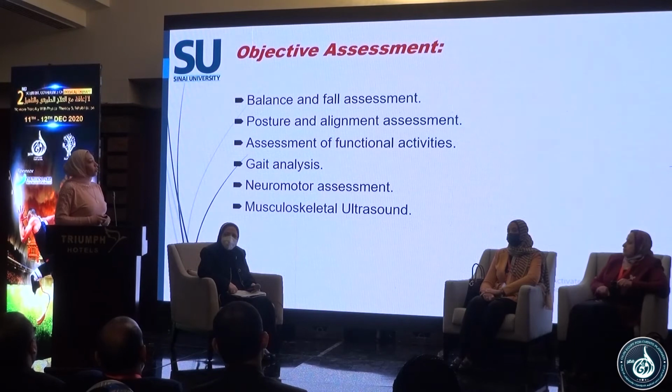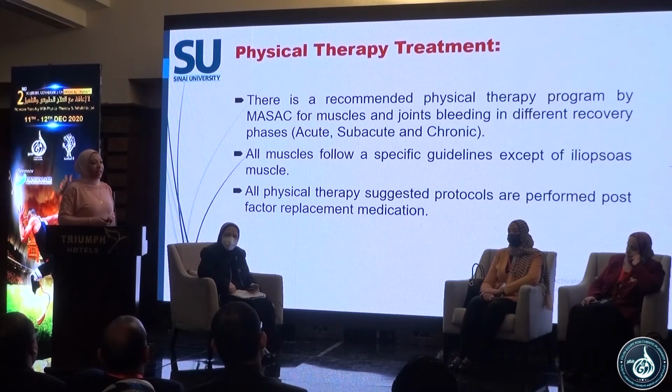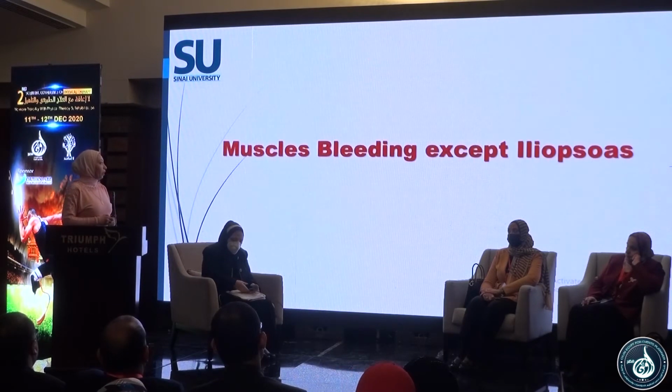The objective assessments include balance and fall assessment, postural alignment, assessment of functional activities, gait analysis, neuromotor assessment, and musculoskeletal ultrasound. It's recommended that each stage that the joint or the muscle is in, whether it's acute, subacute, or chronic, have its specially designed physical therapy program.